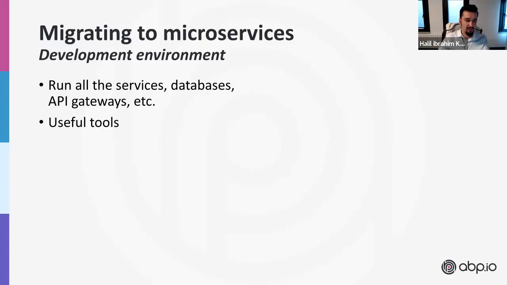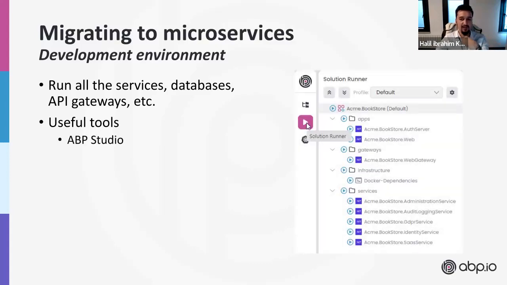If you want to run all these services locally, you can use ABP Studio, for example. ABP Studio Solution Runner can easily run the whole system with a single click. And also with Kubernetes integration, you can use a Kubernetes cluster to run the whole system outside of your computer, so it doesn't consume your computer's resources.